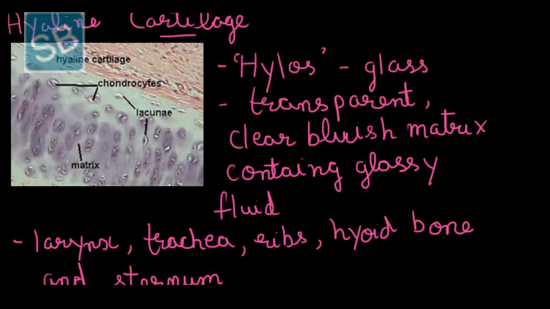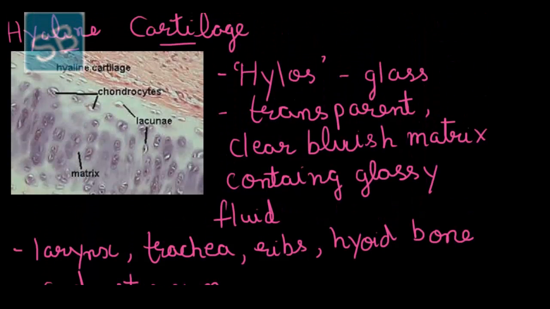As can be seen from the figure, the hyaline cartilage mainly consists of three components: chondrocytes, lacunae, and matrix. Chondrocytes or chondroblasts are the cells that secrete the matrix known as chondrin. This chondrin matrix is arranged in groups of 2 to 4 or 8 cells filling the space called lacunae.